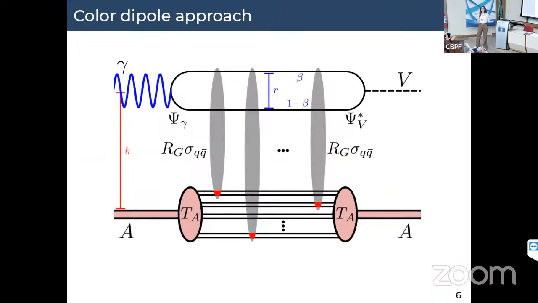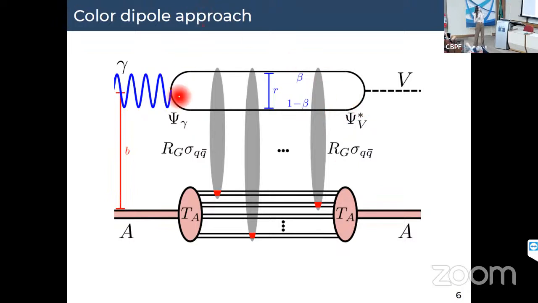And how are we going to describe the gamma-A collision? We're going to use the dipole model. The dipole model is based on the fact that the lifetime of the QQ bar pair is bigger than the time of the interaction of the QQ bar pair with the target. With this consideration, we can separate the process into 3 steps.